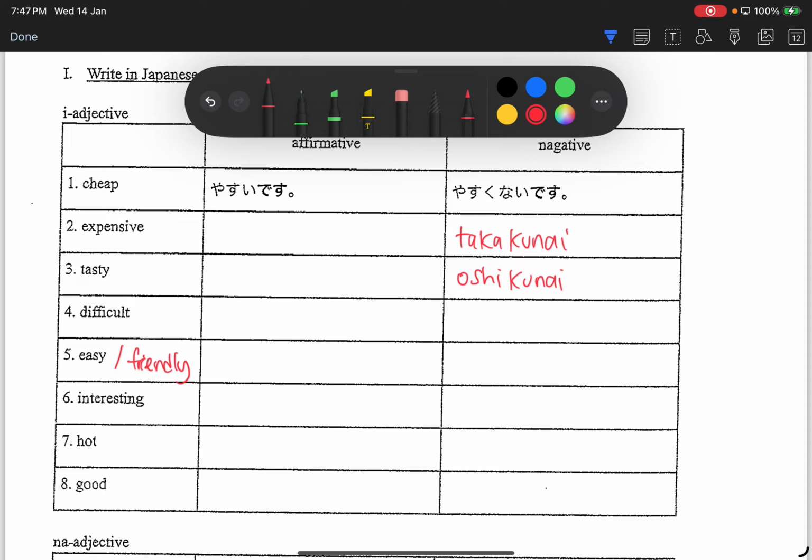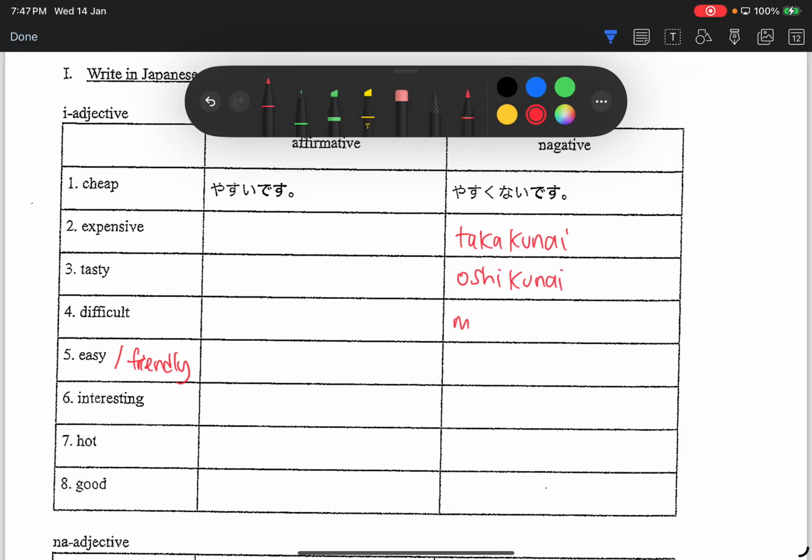That's a common mistake. But for oishii, there's still one i there, so we can still have a bit of e sound, but not so long. Then we remove the last one, oishikunai. We don't drag out the e sound intentionally. Next, number 4. Difficult.